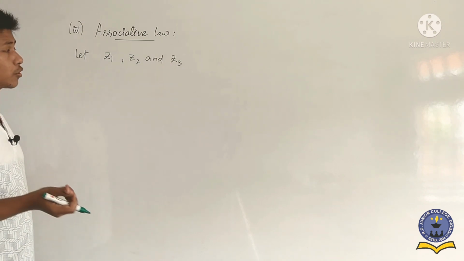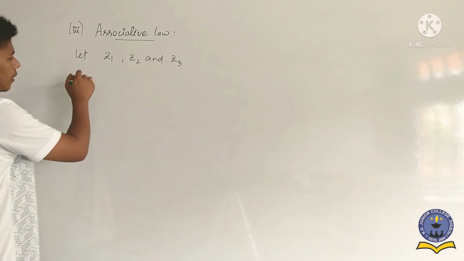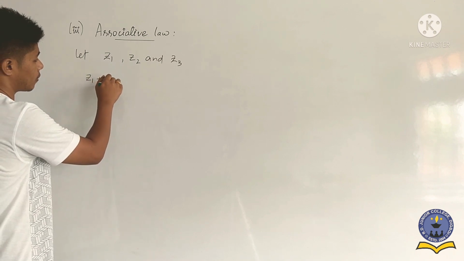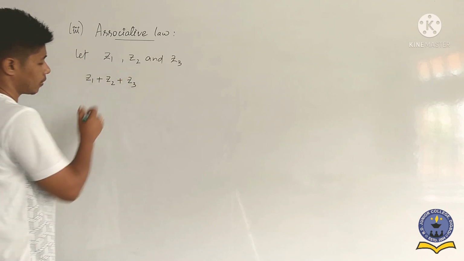And now what is associative law here? For example, suppose we add these three complex numbers, z1 plus z2 plus z3. Clear?